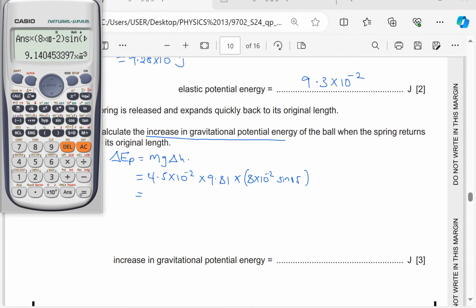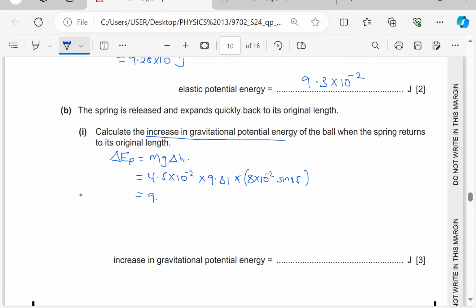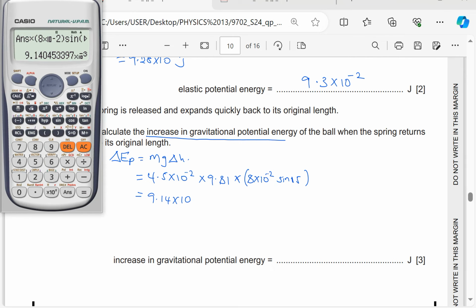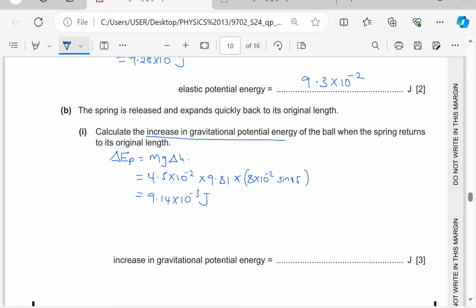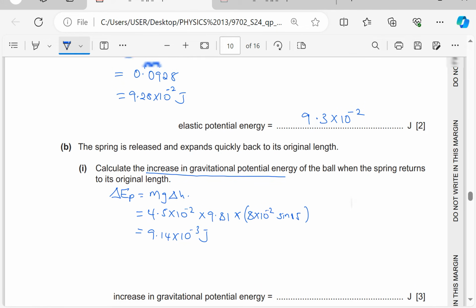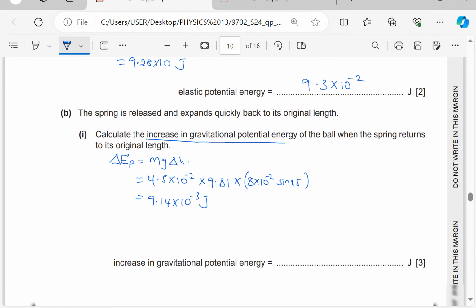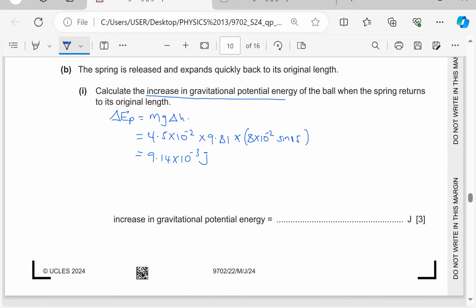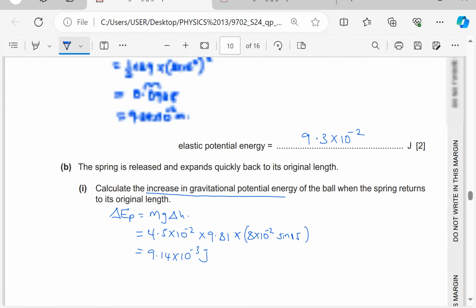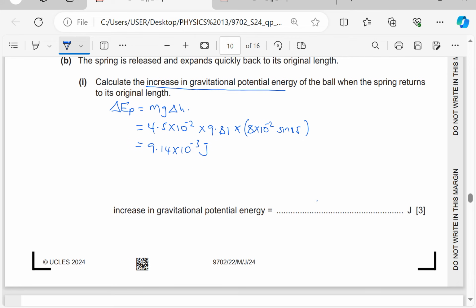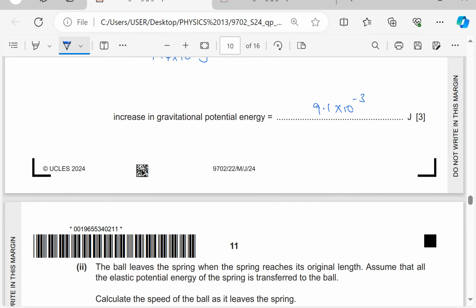So it is giving me 9.14 times 10 to the power of minus 3 joules. Because I wrote two significant figures here, I'll also take two significant figures here for simplicity. So I'll write here 9.1 times 10 to the power of minus 3 joules.